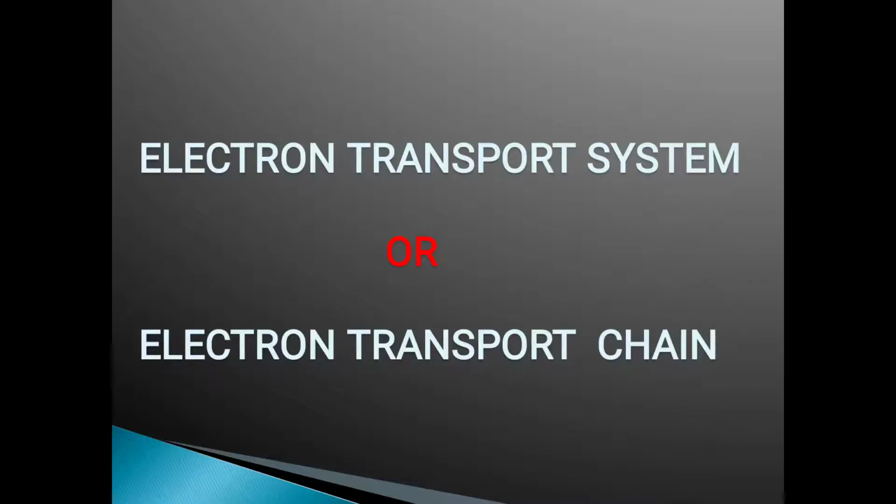ATP synthase, or what you call oxysomes, are basically present in the inner membrane region where the electron transport chain reactions are taking place. All the enzymes playing a role in this process are located in the inner membrane region of the mitochondria, where the reactions are going on.